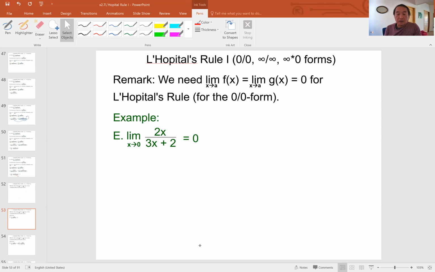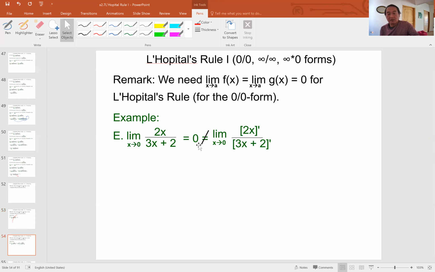Remember, you've got to check the conditions. Here, you cannot just say, oh, x goes to 0, so let me use L'Hopital's rule. No, no, no. You have to check that the top and bottom both go to 0. Here, the top goes to 0, but the bottom goes to 2, not 0.